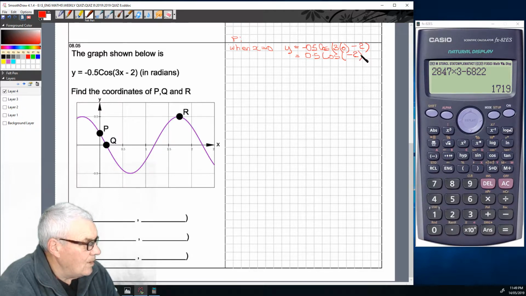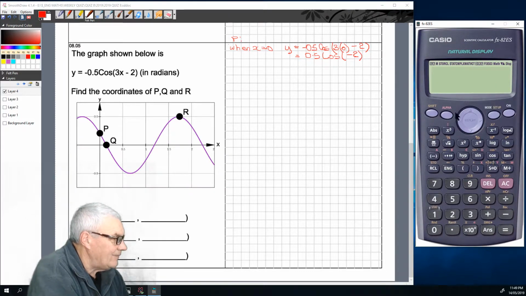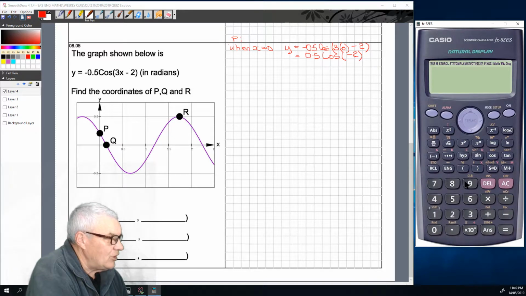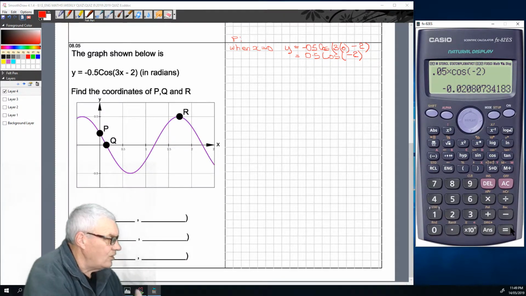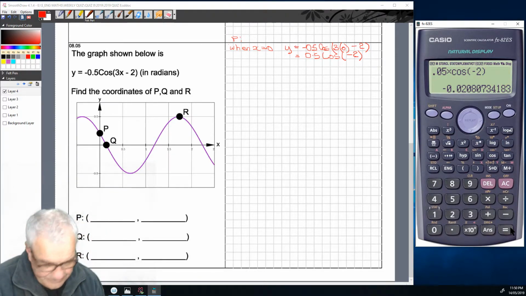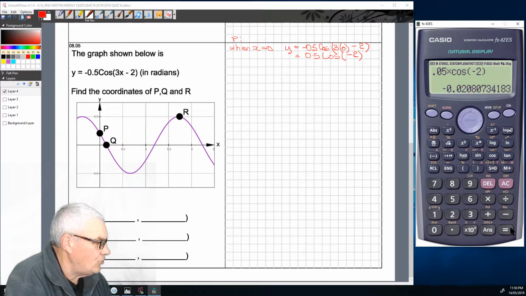2. So let's put our, just to be checked here, all clear, shift mode, 4 is radians, and then we go 0.5 times cosine negative 2, close the bracket, equals 0.0208.